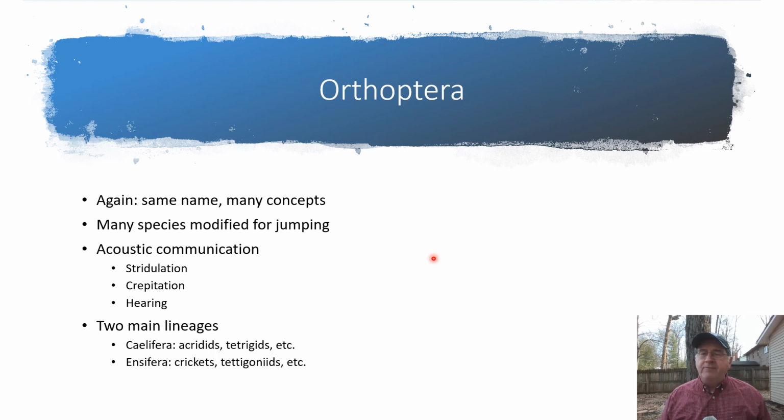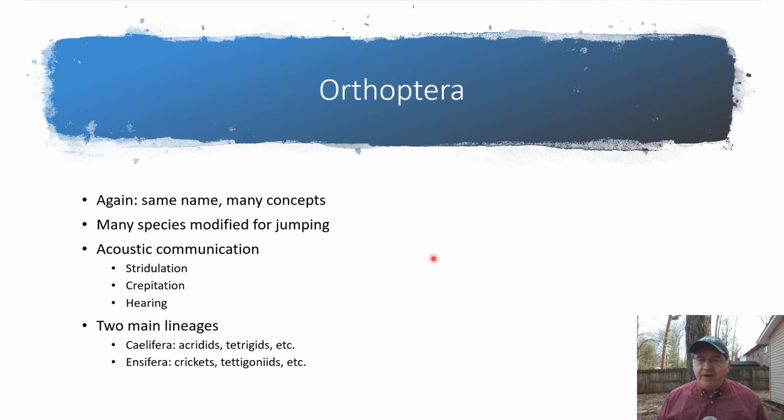The other way is to have a modification of the subgenual organ. The subgenual organ literally means below the knee. This is basically a thin membrane stretched across the lumen of the tibia, just near the articulation of the tibia with the femur, that almost all insects have, and usually it's used to detect vibrations in the substrate that the insect is on.